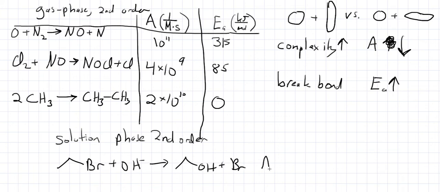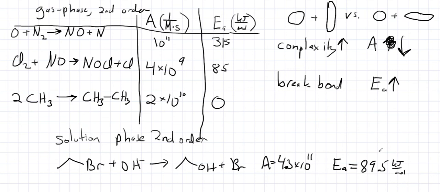Now in this case, A is around 4.3 times 10 to the 11th, and that's in the same units as the rest of the table. And the activation energy is around 89.5 kilojoules per mole.